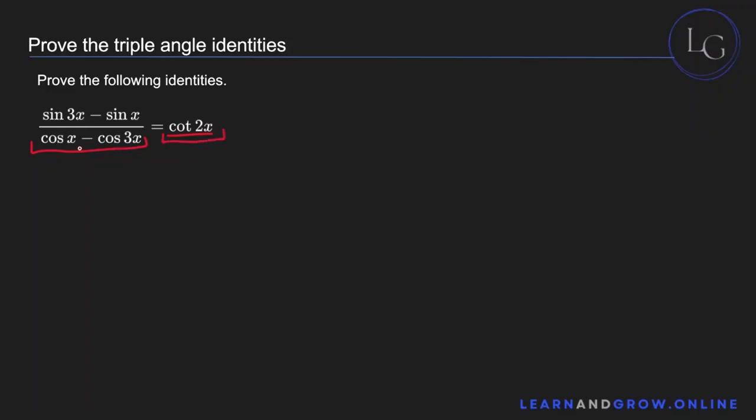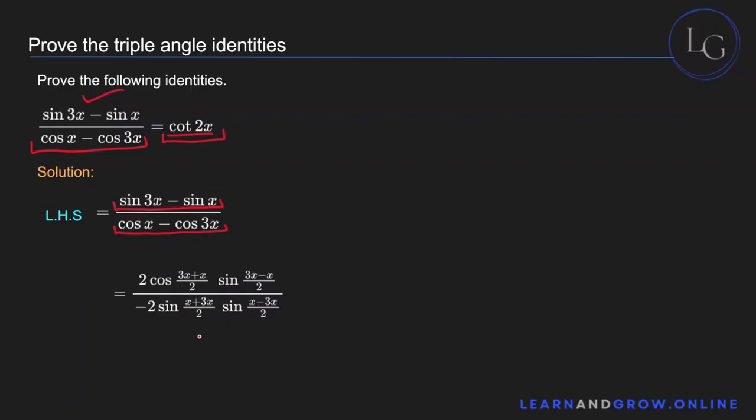So obviously, we'll take the left-hand side because going from a larger expression to a smaller expression is easier. And so let's see. Well, you can apply the difference of trigonometric functions formula on the numerator and the denominator, both, right? So once you do that, you get this.